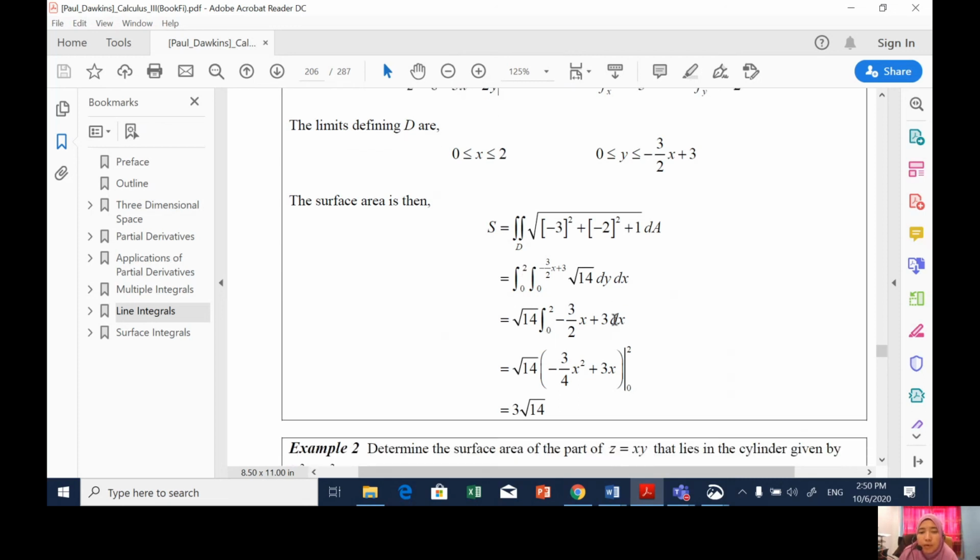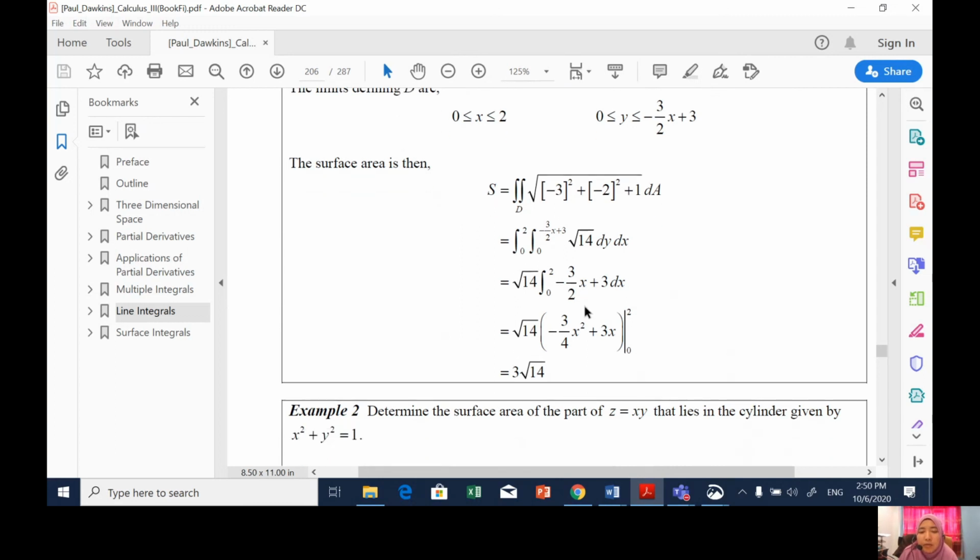Then we can perform direct integration. First we integrate with respect to y, so we have the square root of 14 times y. Substitute the upper y and y = 0, so we get this part. Then we integrate with respect to x. This becomes x squared over 2 combined with this number, then 3 becomes 3x.